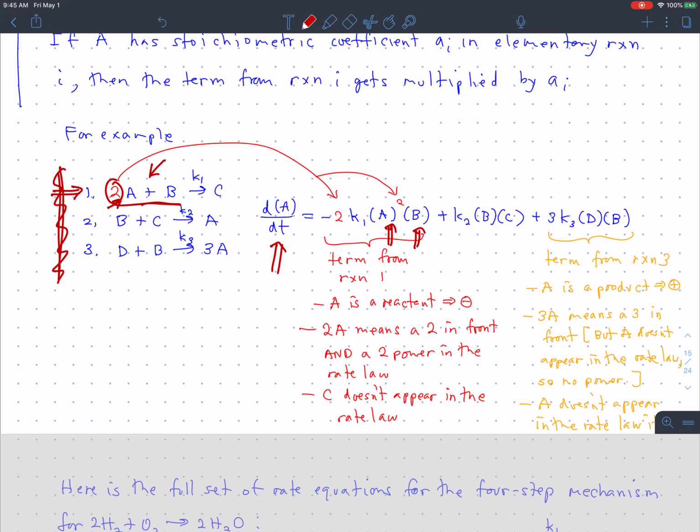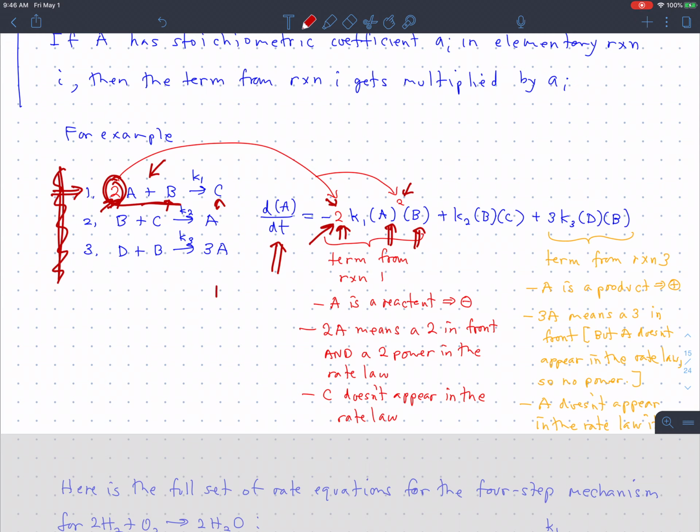But then, because the A's are disappearing at twice the rate as either the B's or the C's, you've got to put that in there also. So this 2 that appears as the stoichiometric coefficient appears in two different places. First, as a power in the rate law, and then also as a prefactor in the actual overall term.